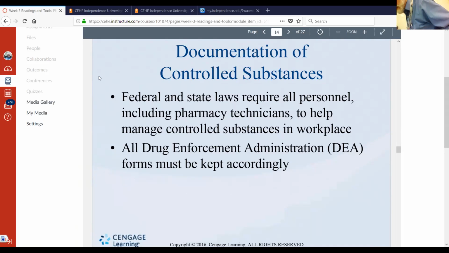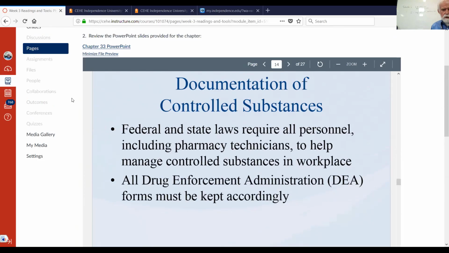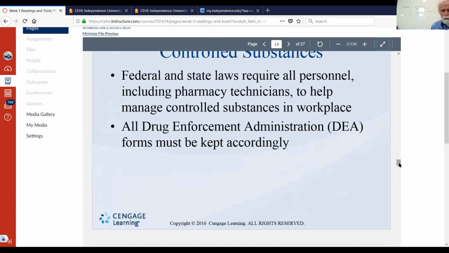Meaning, if you've ordered 1,000 Vicodin, you have to account for them. The restrictions are pretty strict on that, and they're very, very quick to penalize the pharmacy for a violation.